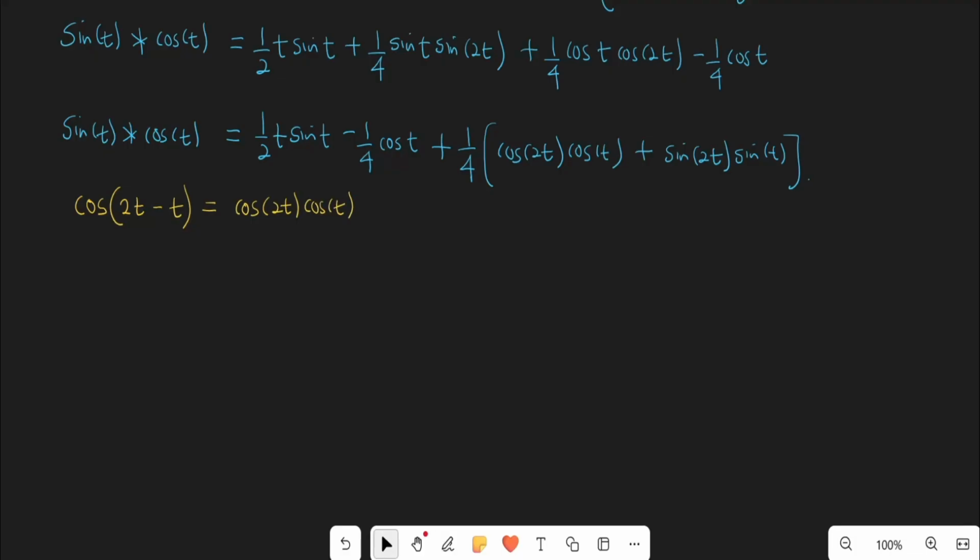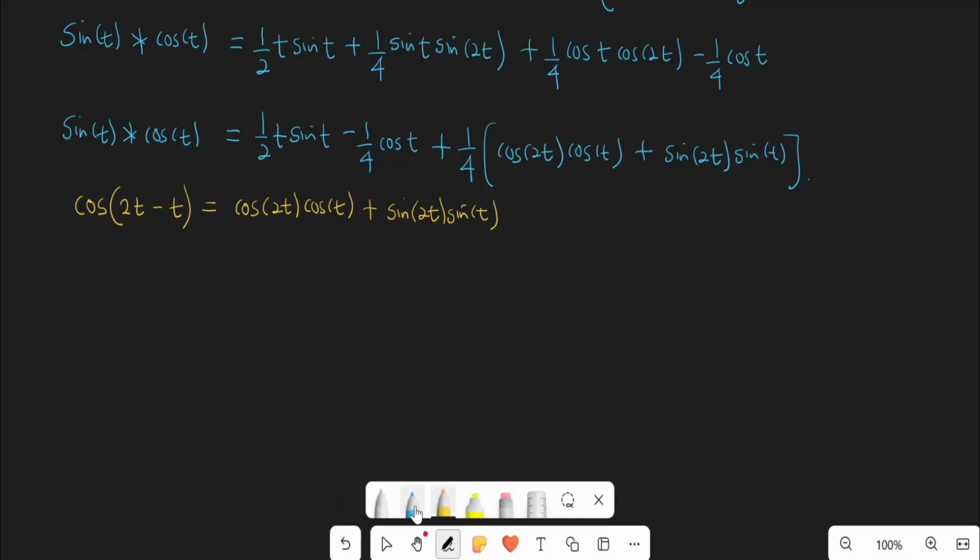For the double angle identity for cosine, because you have a negative here, this one is going to be plus. Then you're going to have sine of 2t and then sine of t. Right, so we see that using the double angle identity, this one is just equal to this one here. They are exactly the same, right? Because they are the same, I can just replace it.